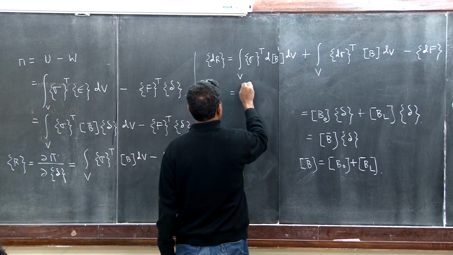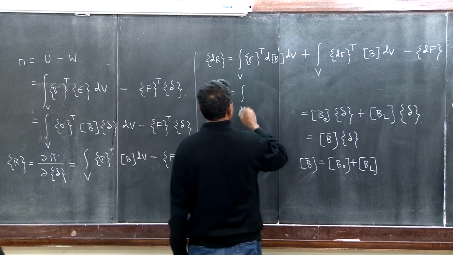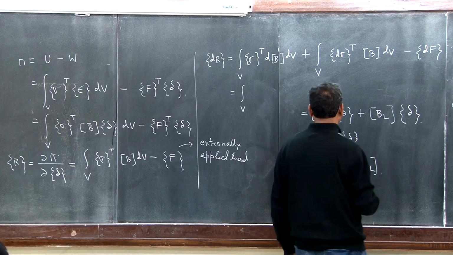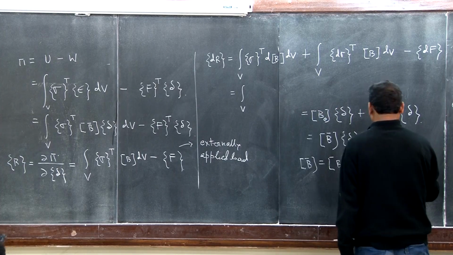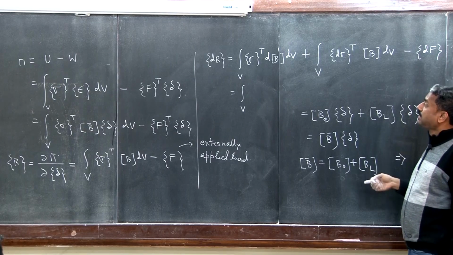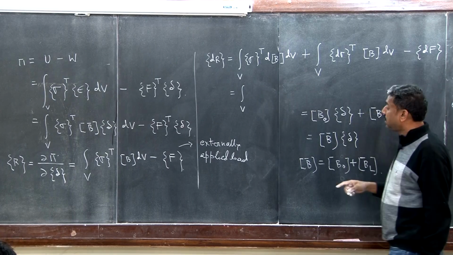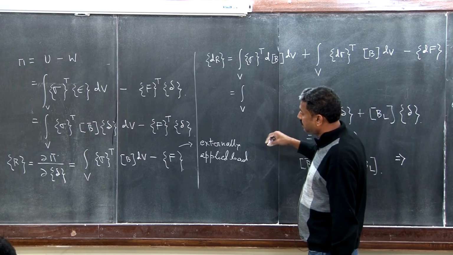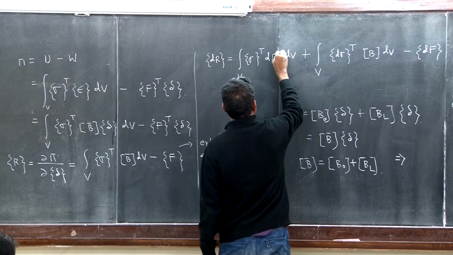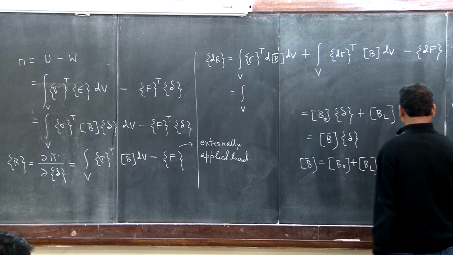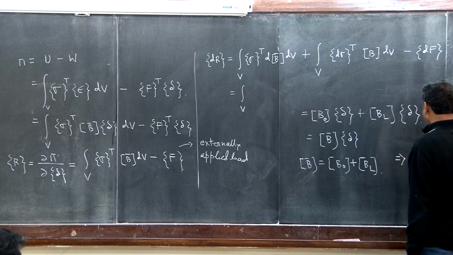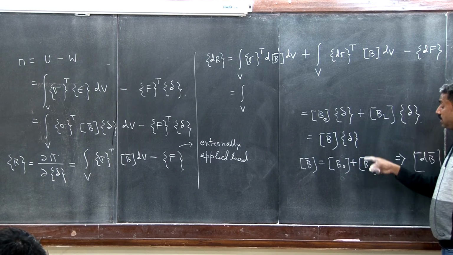And then here what we can write? Please note that here the strain displacement matrix consists of a linear part and a non-linear part. So if we take the differential of the total strain displacement matrix B bar, what is going to happen? That dB bar differential will be, since the B0 part is linear, this will go.